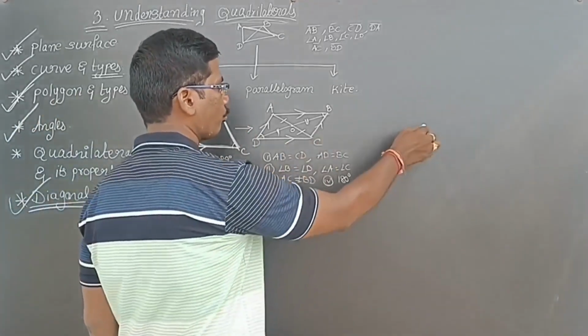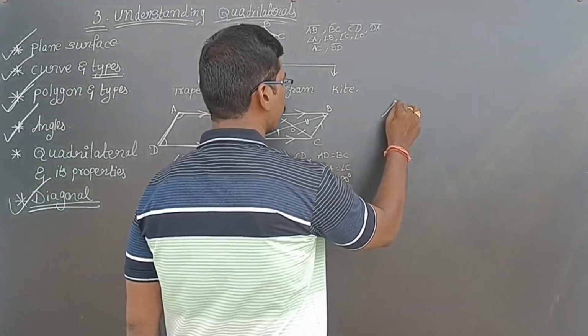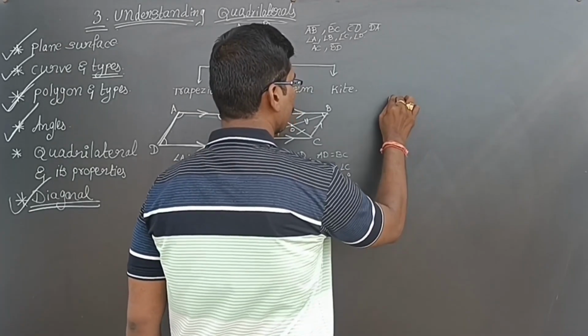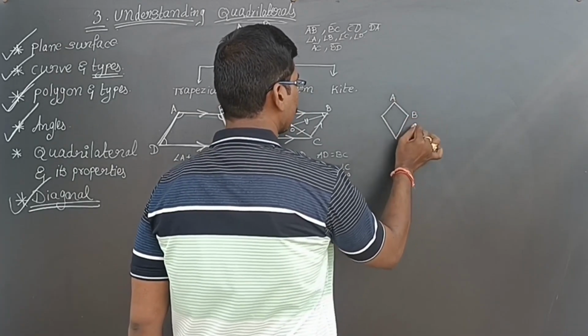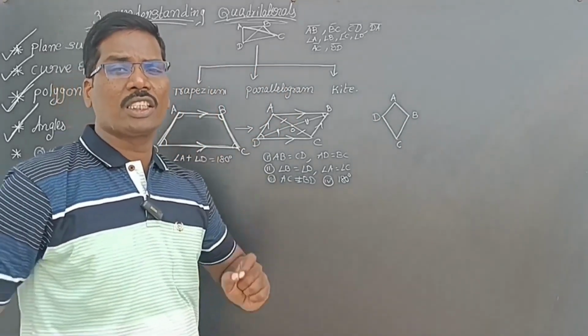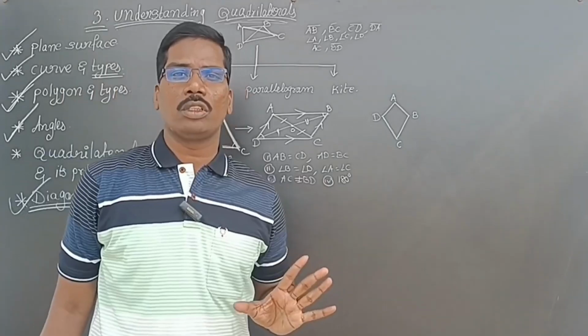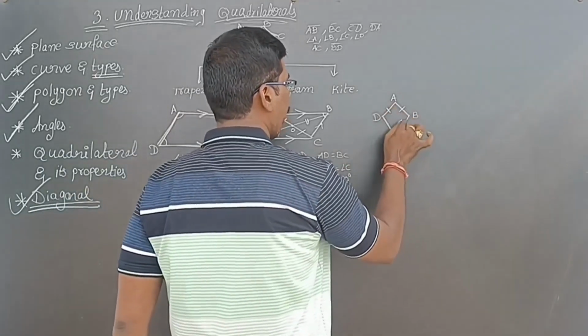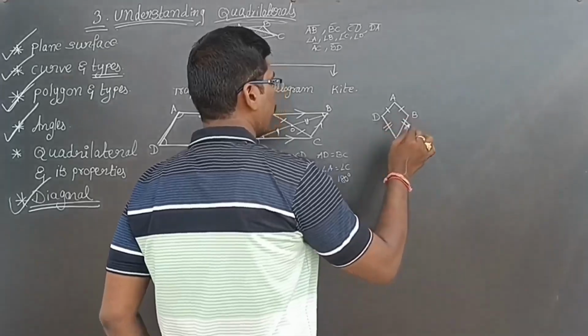Next, kite. A quadrilateral in which two pairs of adjacent sides are equal. See here, AB is equal to AD and BC is equal to CD.